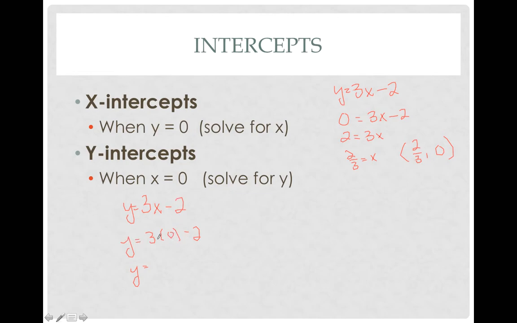Okay, so 3 times 0 is 0, minus 2 is negative 2. So the coordinate, make sure when you're telling me what the x-intercept is, write it as a coordinate. What the y-intercept is, it's a coordinate. It's a solution point. 0, comma, negative 2. Remember, x was 0, y was negative 2 in this case.